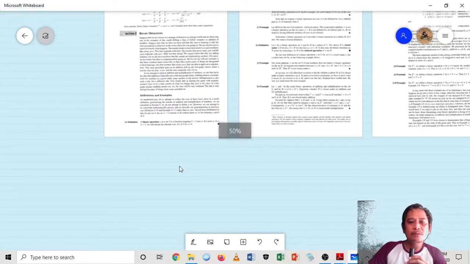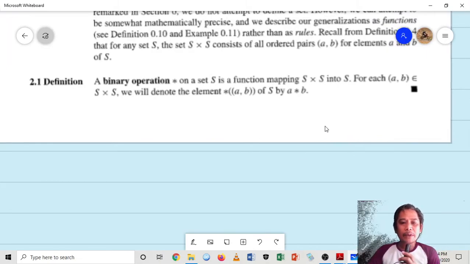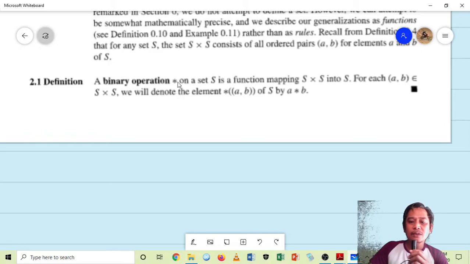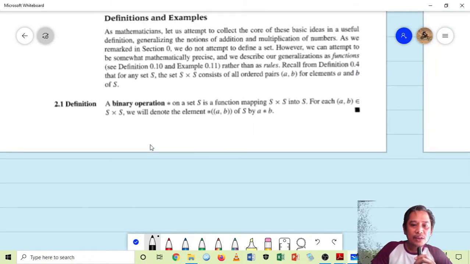So, a binary operation asterisk on a set S is a function mapping the cross product of S to itself into S. If you recall, last time when we discussed functions, here it is said that the operation asterisk maps the cross product S cross S into S itself.